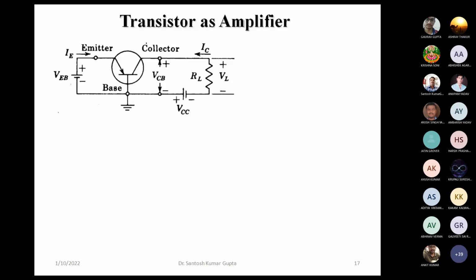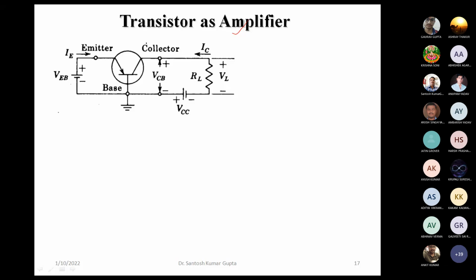So the transistor is able to transfer current over different resistances, which makes it work as an amplifier. The foremost application of this device is as an amplifier. This is illustrated here, how it works as an amplifier.